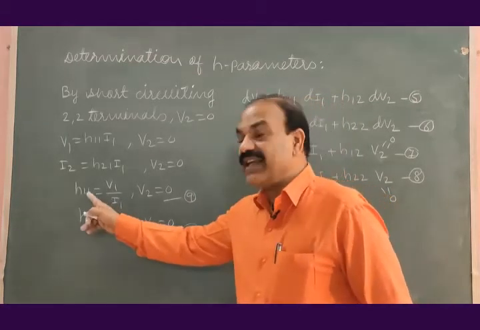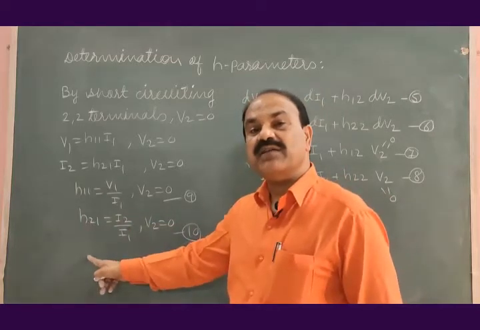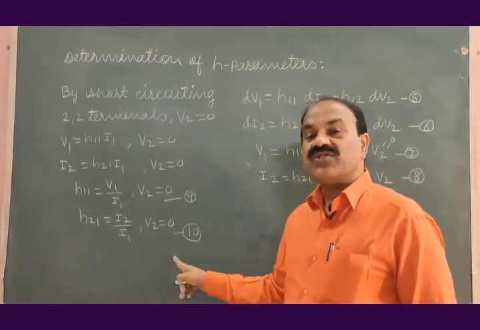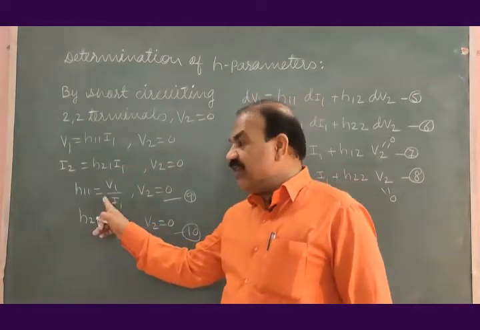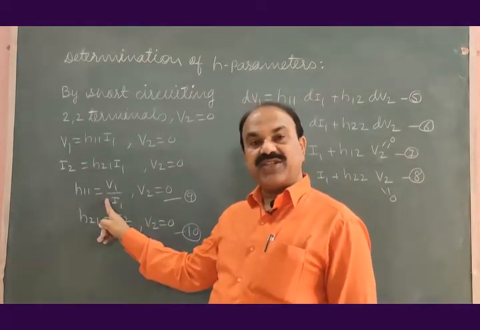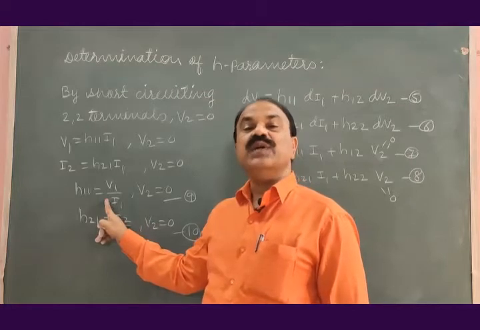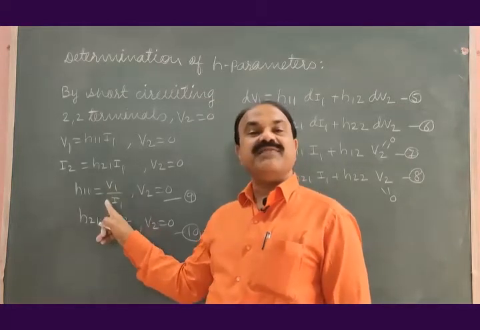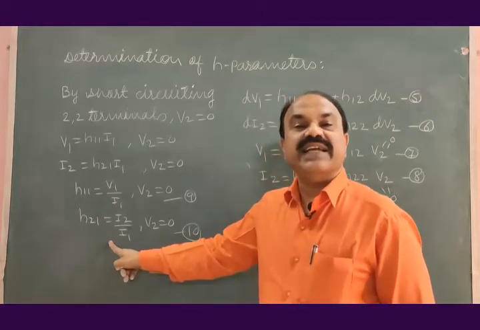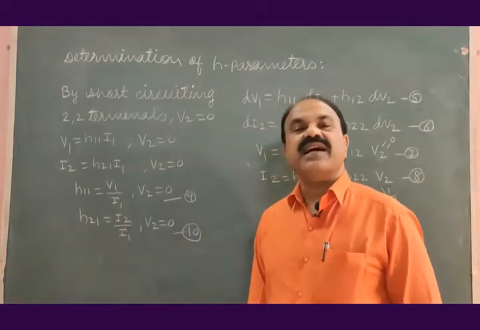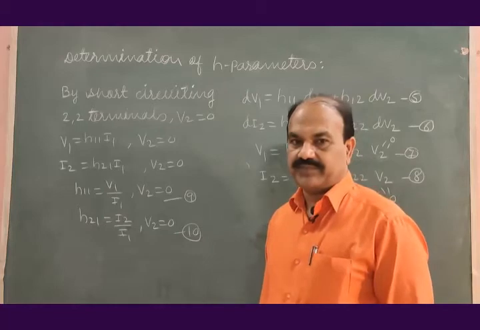So to get H11 and H21, we need to short circuit terminals 2. One is an impedance parameter due to input terminal quantities V1 and I1. The other is forward current gain because of currents I2 and I1.